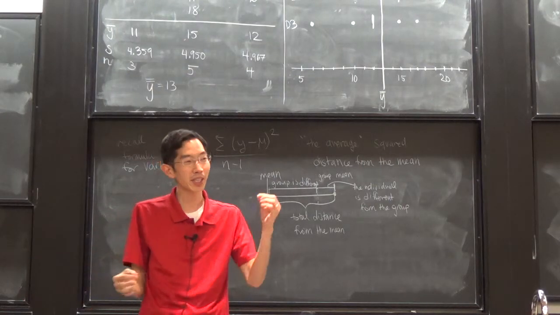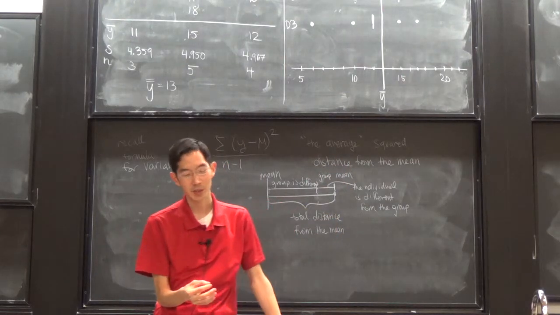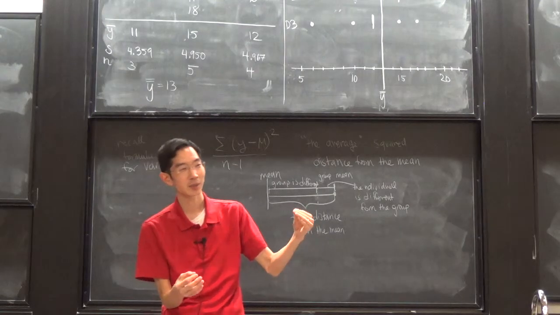When we look at an individual, maybe somebody has a score of 65.